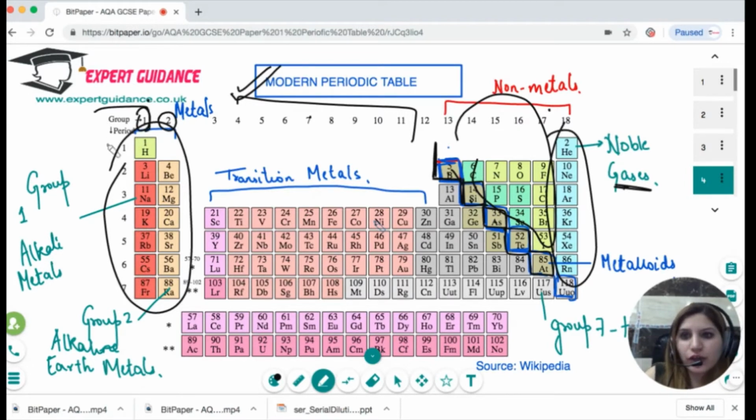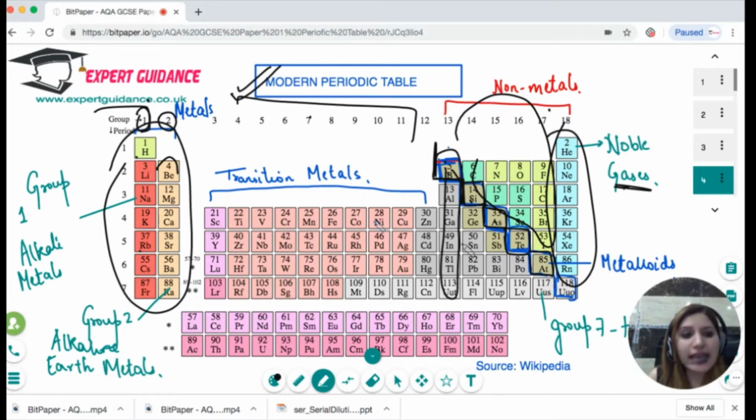So in group 1, hydrogen, lithium, sodium, potassium, rubidium, cesium, francium, all of them have 1 electron in their outermost shell. Beryllium, magnesium, this whole group have 2 electrons in their outermost shell. This group has all 3 electrons in its outermost shell. So from the group number, you will get to know that these elements have this many electrons in the outermost shell, and if 2 elements have the same number of electrons in the outermost shell, it means they have similar chemical properties.